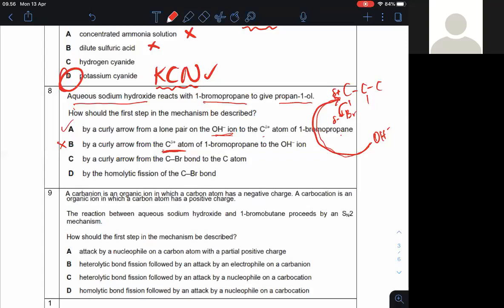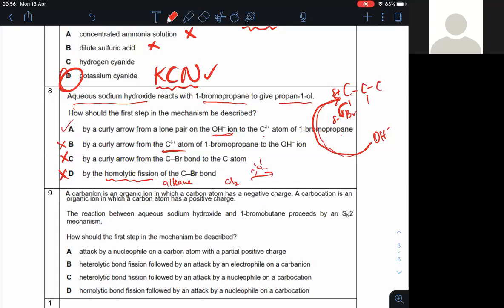Curly arrow from the C-Br bond to the carbon atom. Now, you see, it's supposed to be from the C-Br bond to Br because Br is more electronegative. So this one is also wrong. The homolytic fission. Now, do remember, homolytic fission only happens for alkane, and for Cl2, for example, in the presence of sunlight.